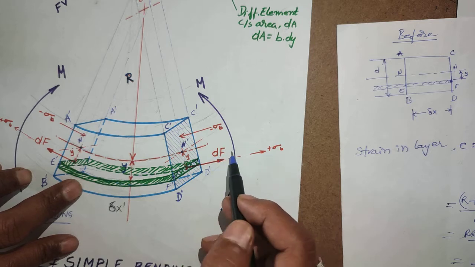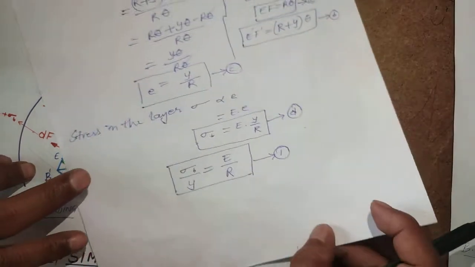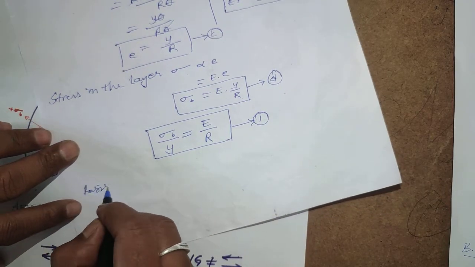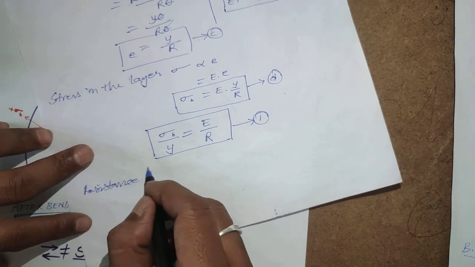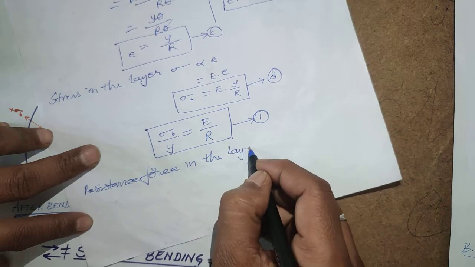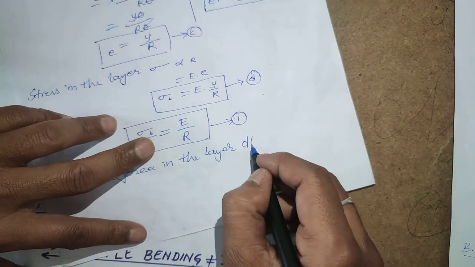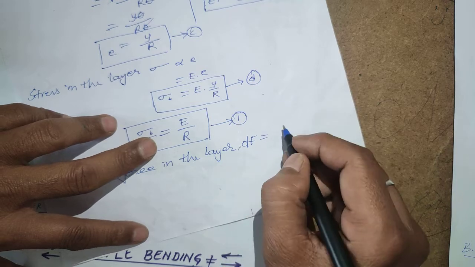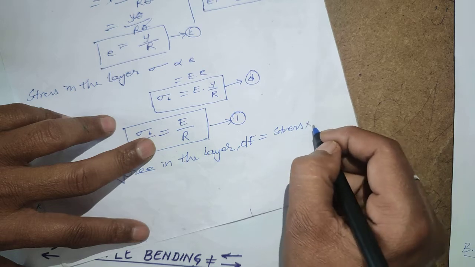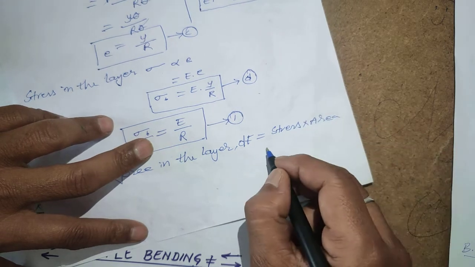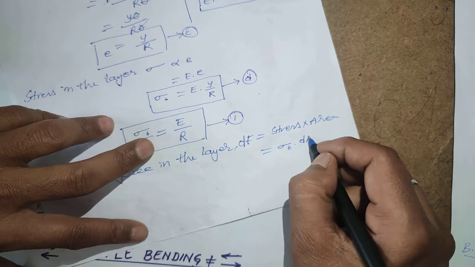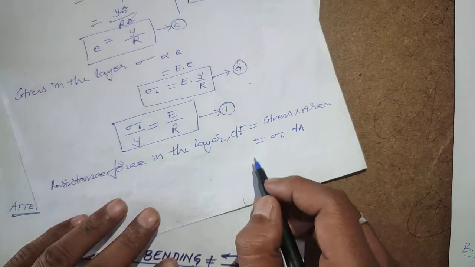What is dF? dF is the resistance force in the layer. dF is equivalent to stress into area. What is stress? Sigma B. Area is dA. Okay. So this is dF.